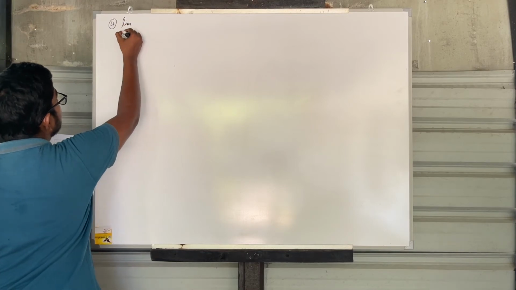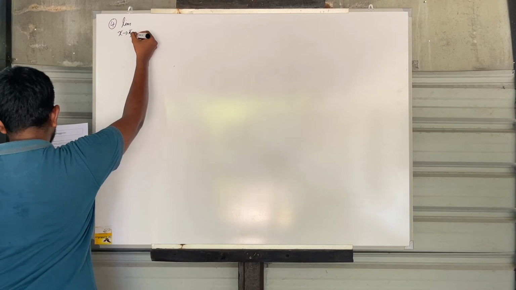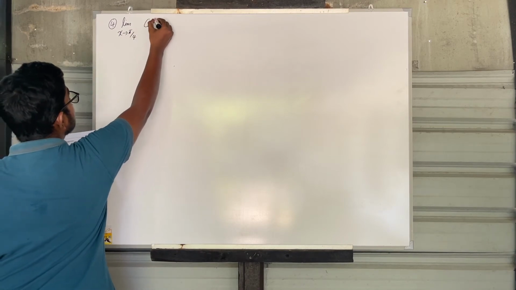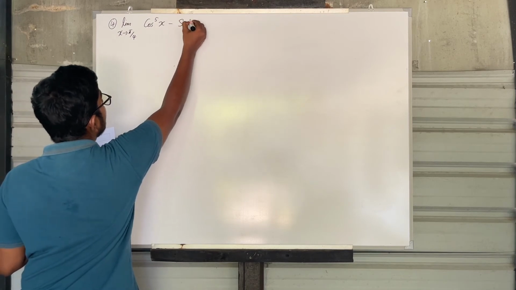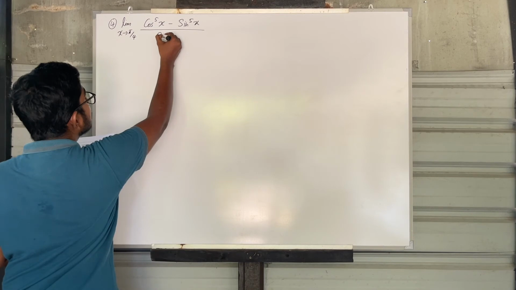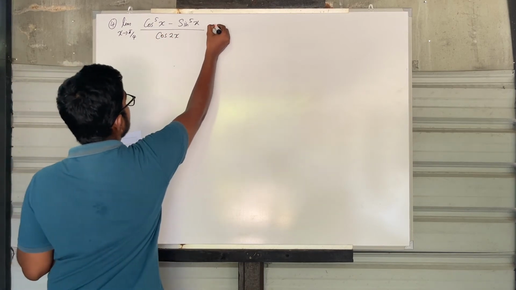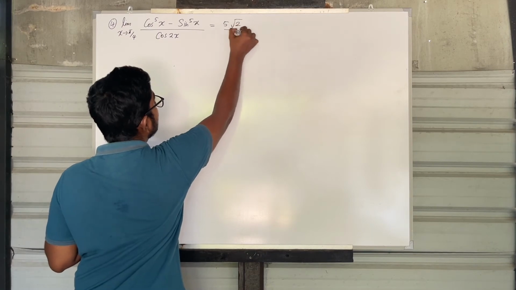Lim x tends to pi by 4 cos to the power 5x minus sin to the power 5x over cos 2x is equivalent to 5 root 2 divided by 8.